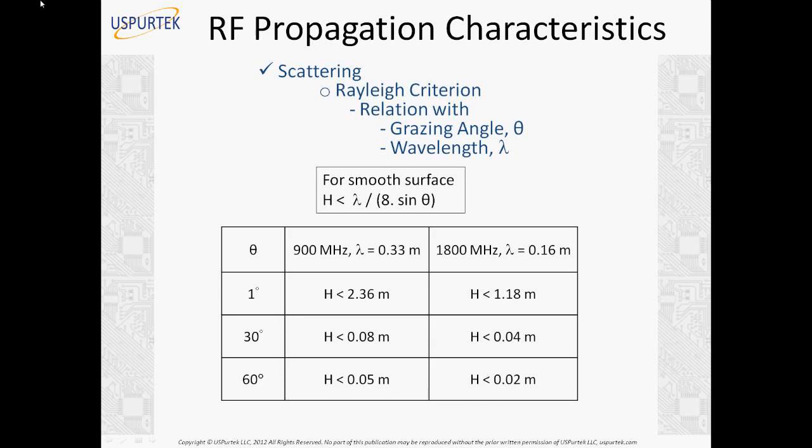That means if I am propagating at 900 megahertz and my angle of incidence is 60 degrees, then objects of 5 centimeters will not do me any harm, right? So my tolerance level is very small. But here, if the grazing angle is low, my h has to be less than 2.36 meters.